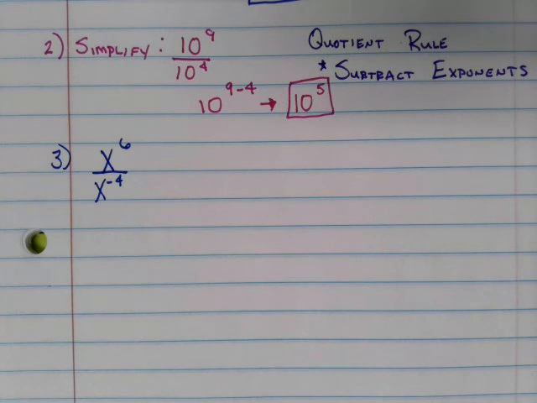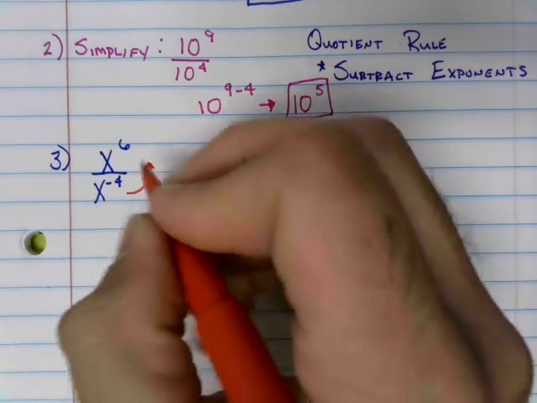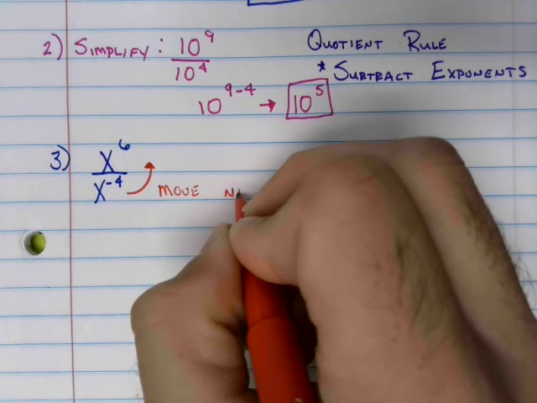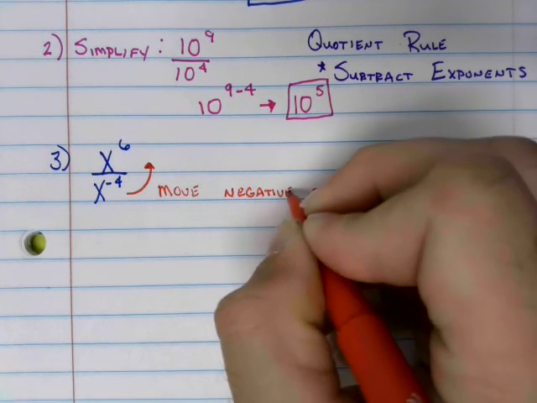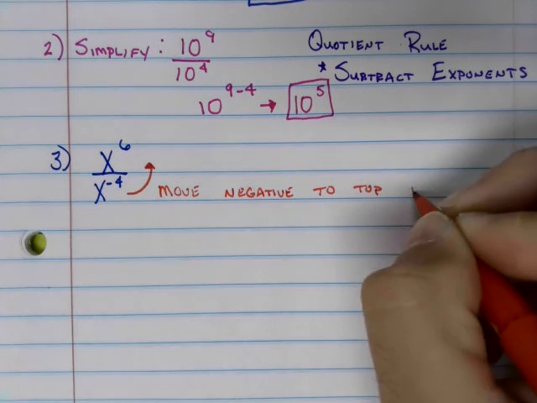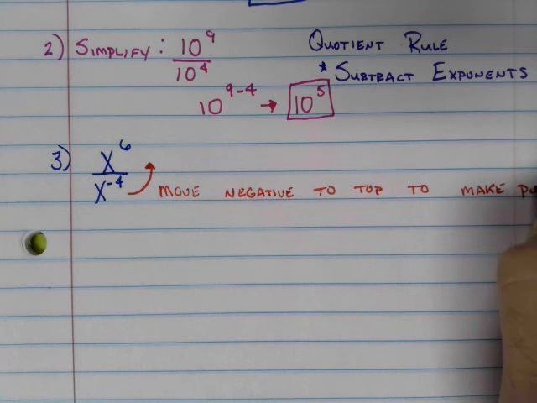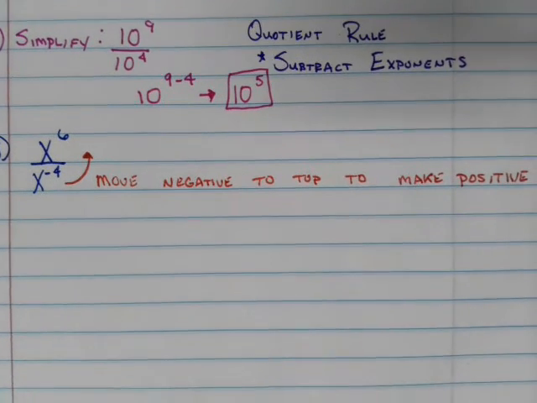So what I would do is I would go ahead and move the negative to the top to make it positive. So we're going to make that positive by moving that to the top.